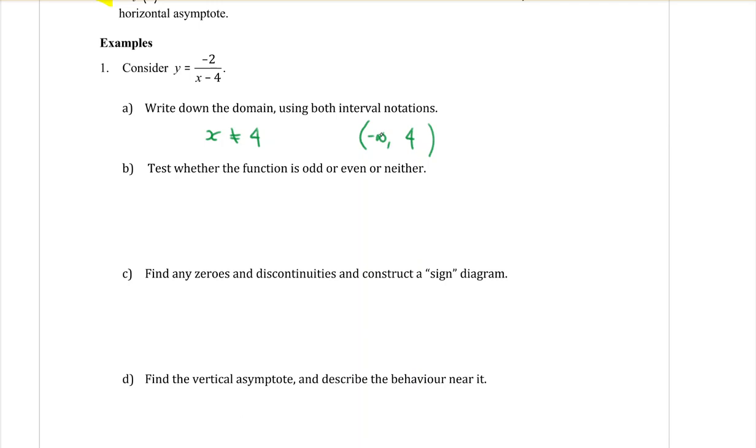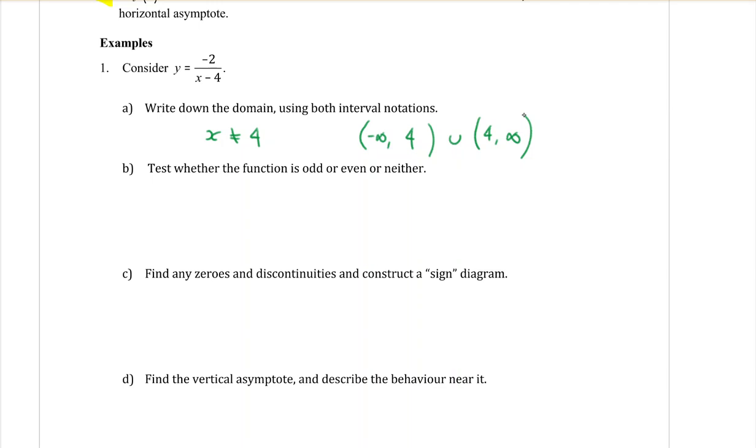And remember that we use a curved bracket around infinity as well, because that's not a finite number. Or, so using our or symbol, it could be any value above 4, curved bracket, starting at 4, going all the way up to infinity. Okay, which is a very complicated way of saying anything but 4. Okay, but that's how you have to write it.